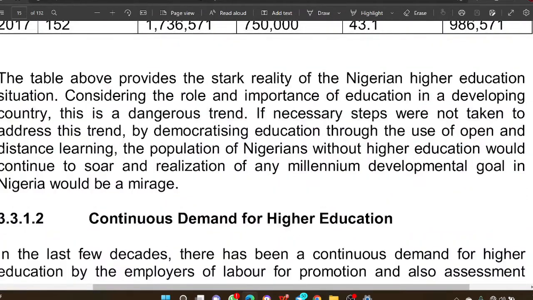The table above provides the stark reality of the Nigerian higher education situation. Considering the role and importance of education in a developing country, this is a dangerous trend.